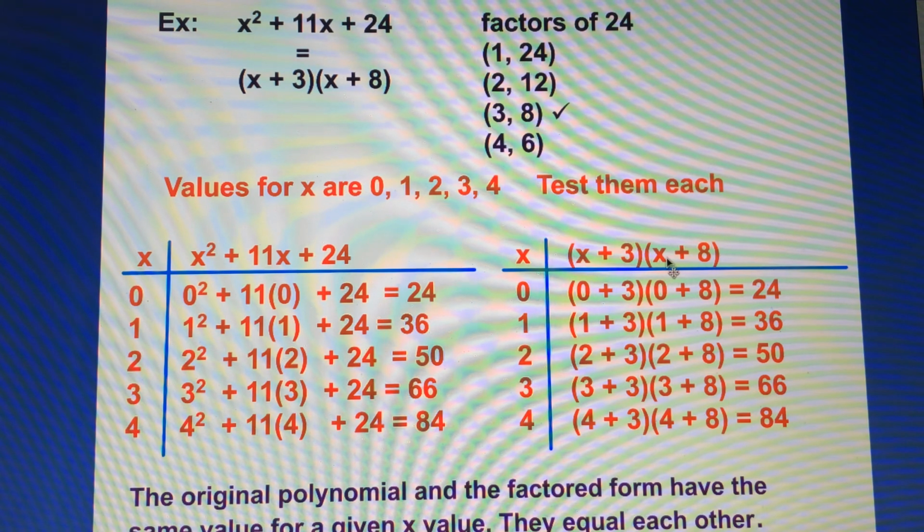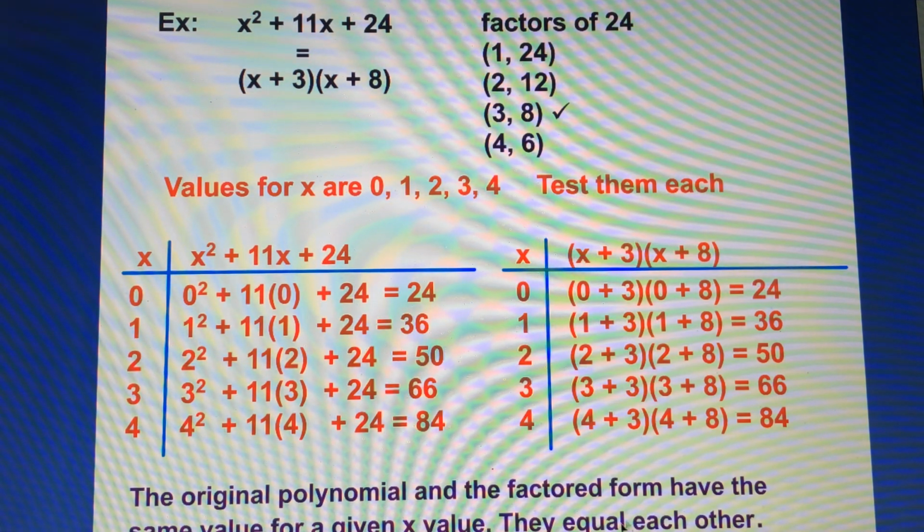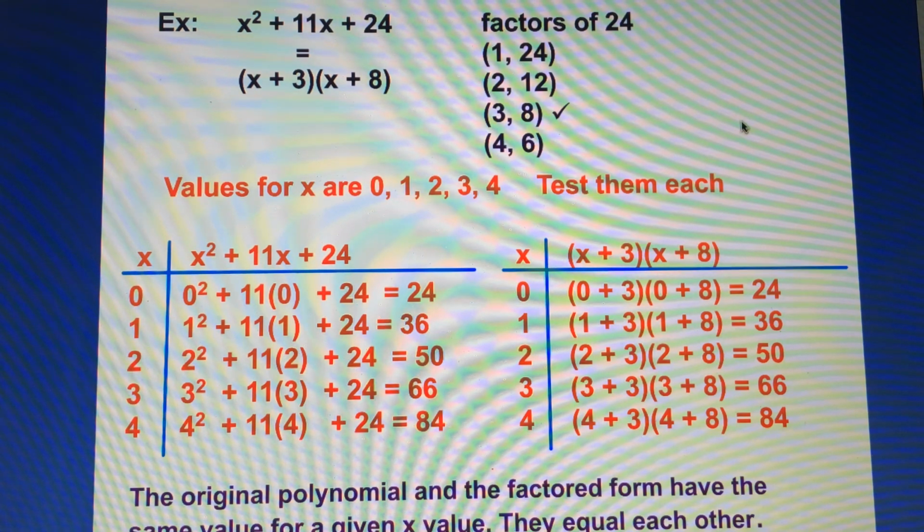I do the two binomials using the FOIL method, I get 24. All the way down, I get the exact same answers. The original polynomial and the factored form have the same value for a given x value. They equal each other. Enjoy and make sure that you do some examples.